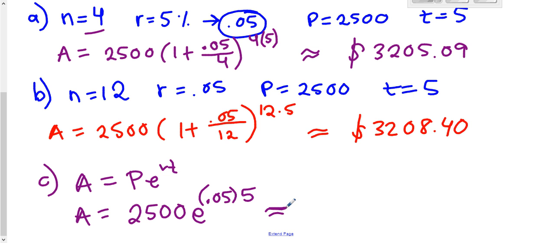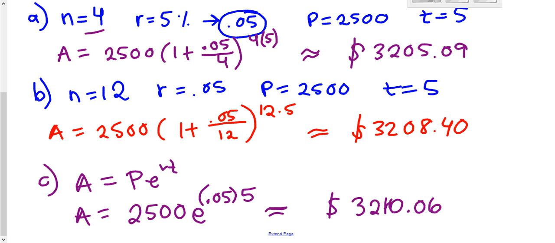So we can put this in our calculator. Again, you get a crazy decimal, but this is money. So 3,210 and 6 cents when you round that correctly. So be careful there, you do have to round correctly.